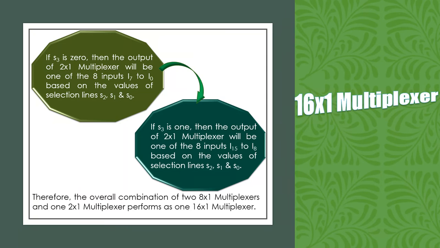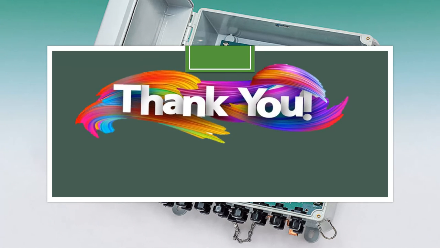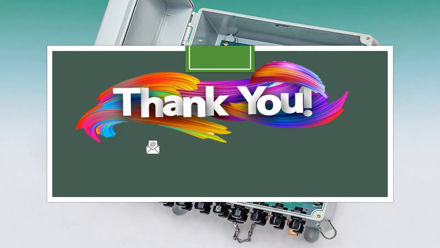Therefore, the overall combination of two 8 into 1 multiplexers and one 2 into 1 multiplexer performs as one 16 into 1 multiplexer. So this is what a multiplexer is and how larger multiplexers can be formed with smaller multiplexers.